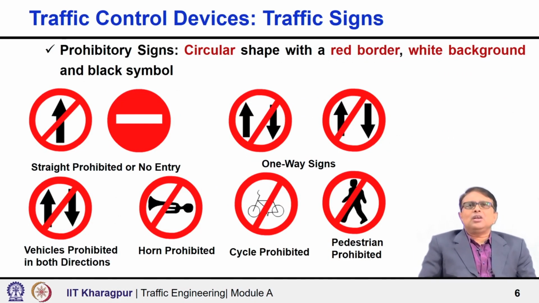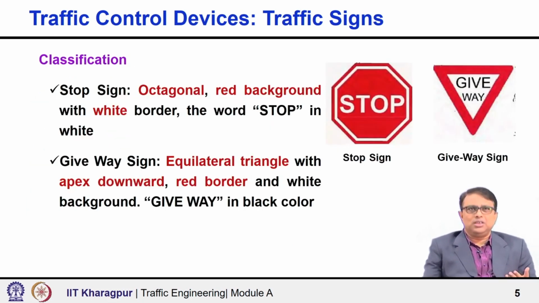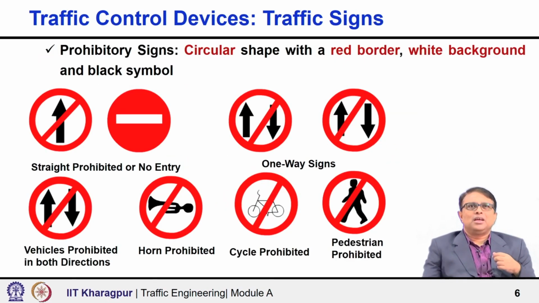Next, within these regulatory signs, there are many categories. As I said, one is stop sign, the next is give way sign, two are unique. Then a number of prohibitory signs.